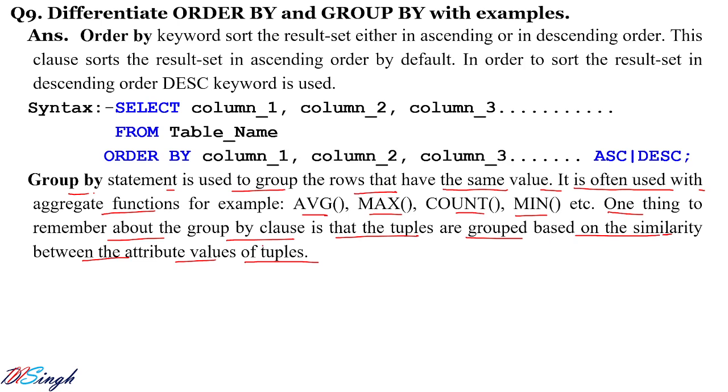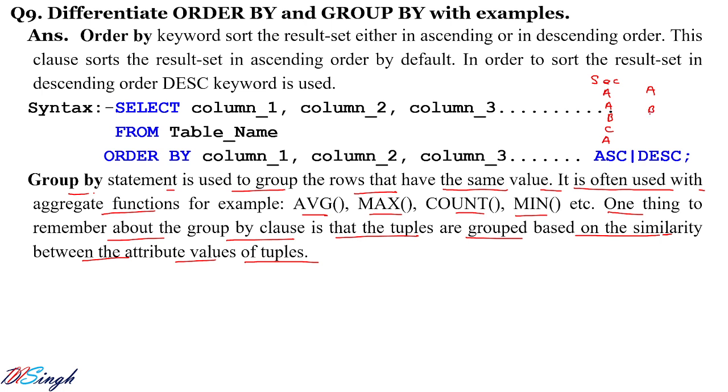So how are we going to group them? Based on the similarity. Like if you have a particular column in your table, maybe section. So section may be A section. There are 4 records of A, then some records of B section, and then C, and then again A. So when you perform group by on this section, how many groups will be created?